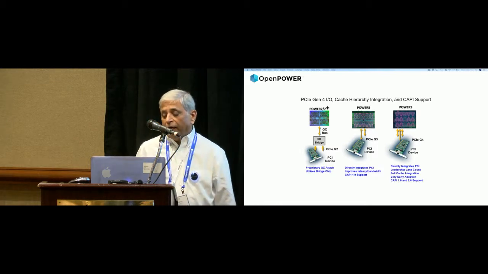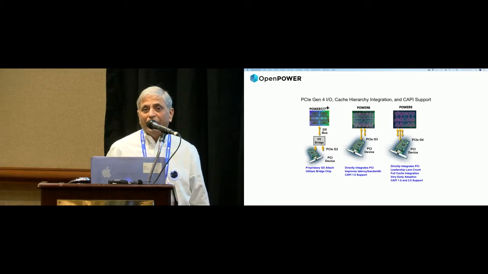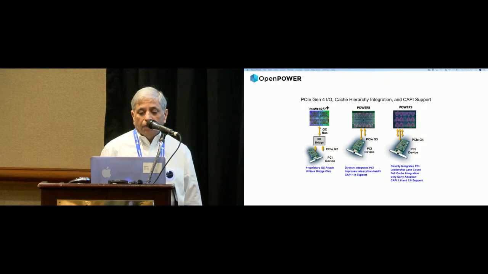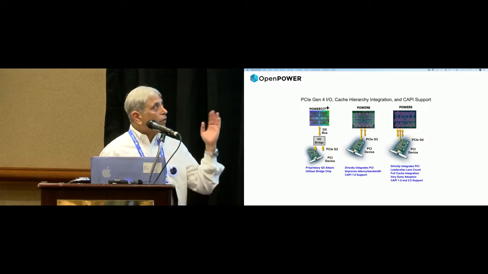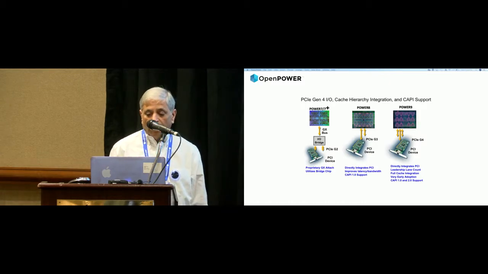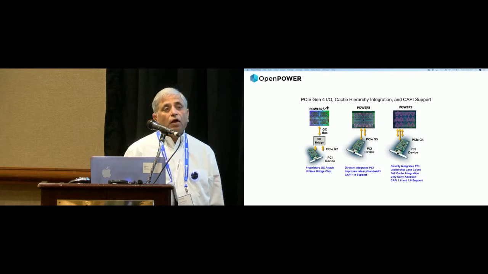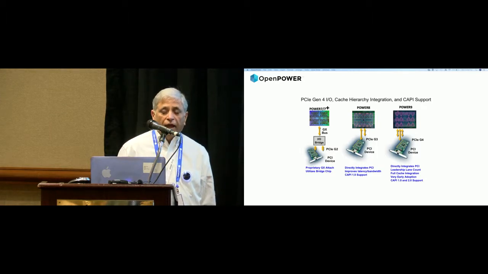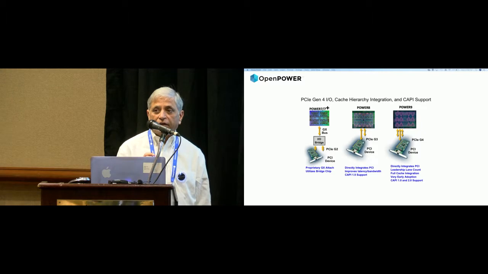But in Power 9, we truly took a big step in the I/O space. Of course, we kept PCIe directly integrated into the processor chip. But we actually have leadership PCIe standard with PCI Gen 4. And in addition, we also did enhancements that improve the latency.